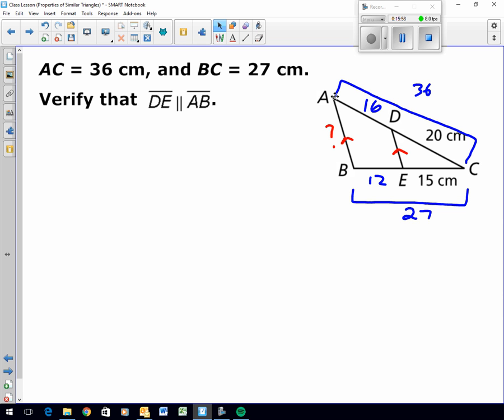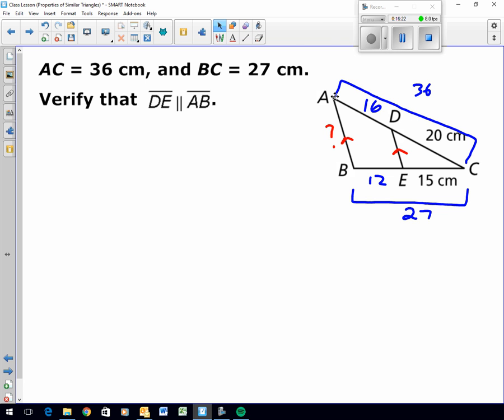What has to be true? The sides have to be proportional. How do I know if those sides are proportional? They have the same what? Ratio, right? So that's how you solve the problem.